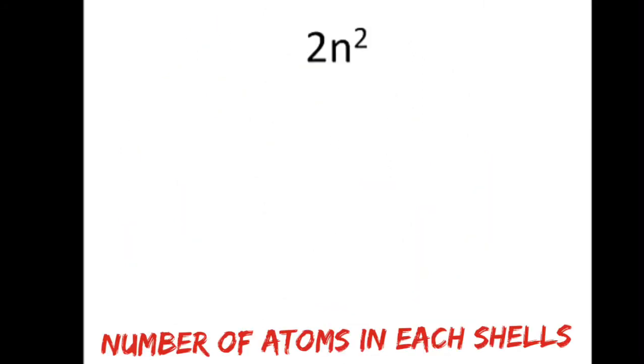See, in order to find the number of electrons in a shell, we are making use of a formula 2n square. Here n means the order of the orbit. K shell means 1, L shell means 2, M 3 and N 4. So, using this formula, we can know how many electrons will be there in each shell.